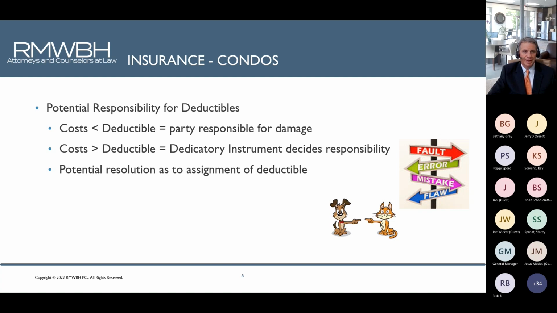Now, if the costs exceed or are greater than the deductible, you're going to look at the dedicatory instruments to decide responsibility. And there's potential resolution to assignment of the deductibles as well. So you're going to look and see what the governing documents say about who is responsible when the costs exceed the deductible. Is the owner going to be on the hook?